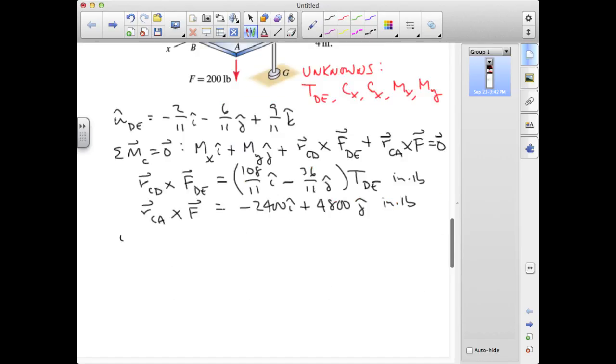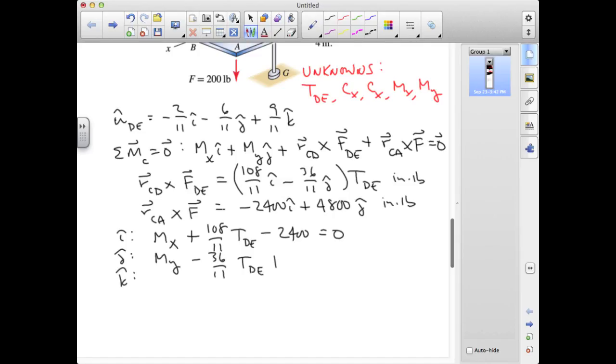So now our moment equations in the i, j, and k directions will look like Mx plus 108 over 11 TDE minus 2,400 inch-pounds equals 0. My minus 36 over 11 TDE plus 4,800 inch-pounds equals 0. And k is again 0 equals 0. Once again, we're going to have a rigid body motion in terms of rotation about z.